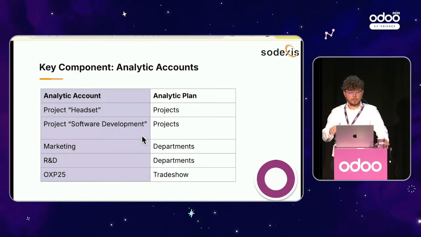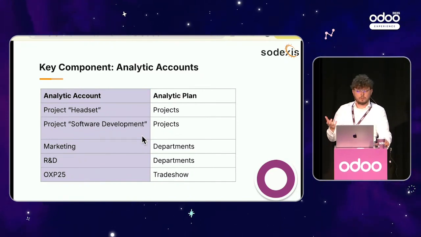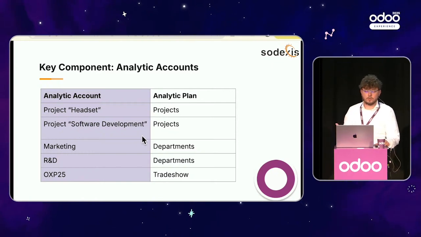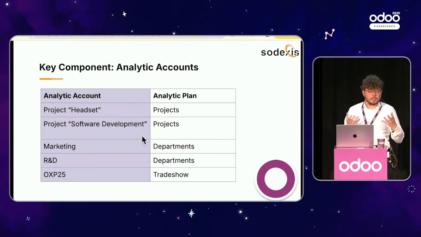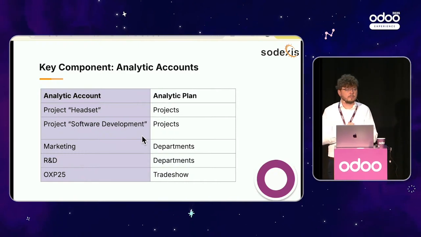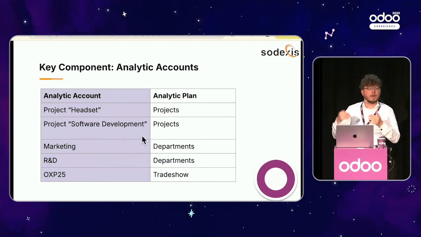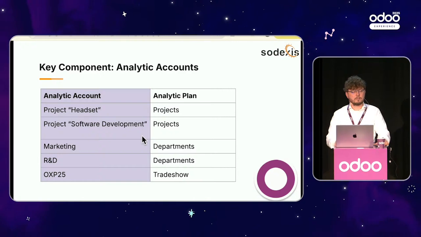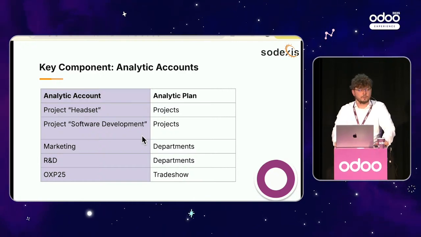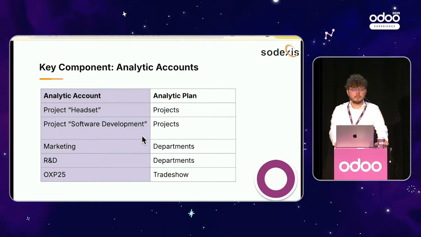And the second component is the analytic account, as I said, and this represents the individual cost center, so to say. So if it's a project, like the headset development, for example, or if it's the department plan, then marketing or R&D is the cost center itself, which is the analytic account, or the trade show itself, OXP, is the analytic account.